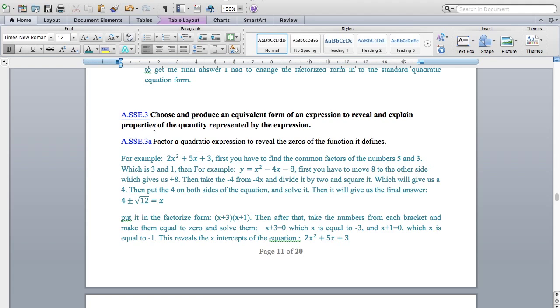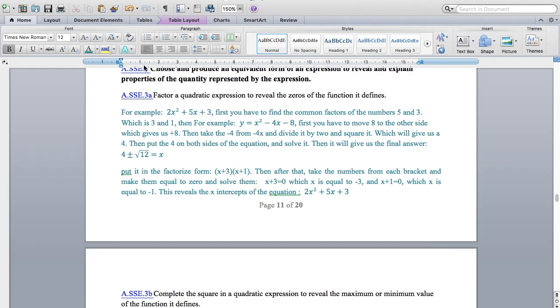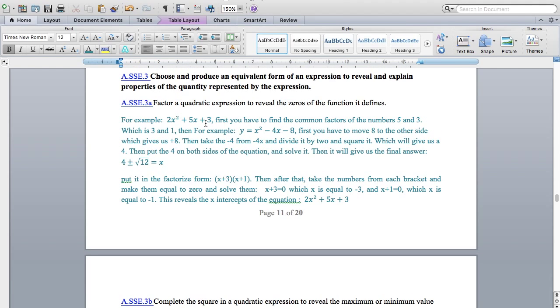For A-SSE 3a and 3, I used the example 2x squared plus 5x plus 3 in this, and I had to learn how to produce an equivalent form of an expression, and I had to reveal and explain the properties of the quantity represented by the expression.